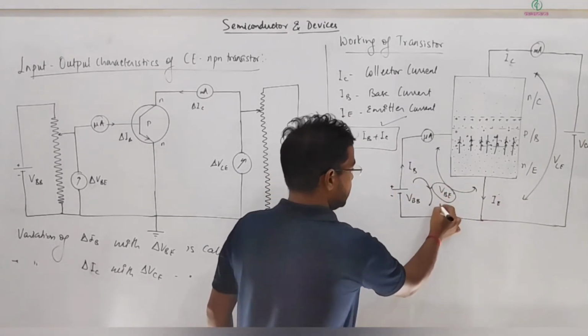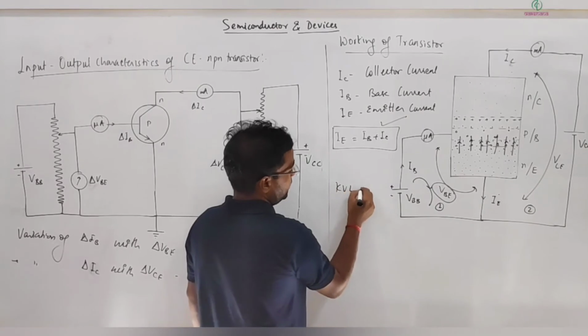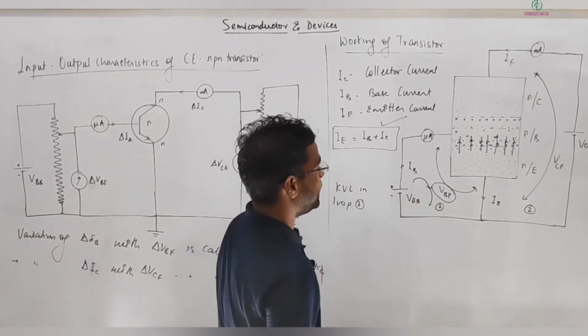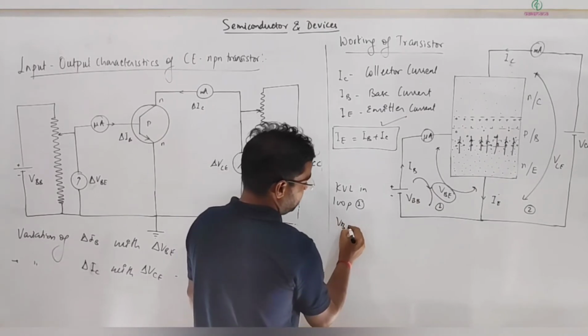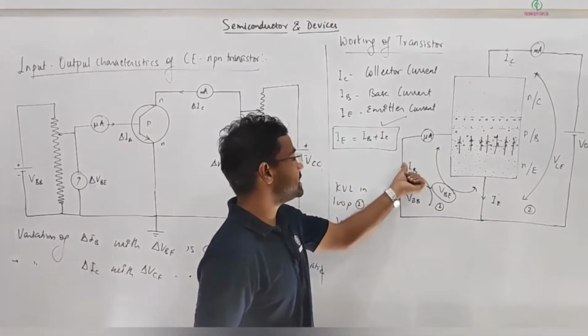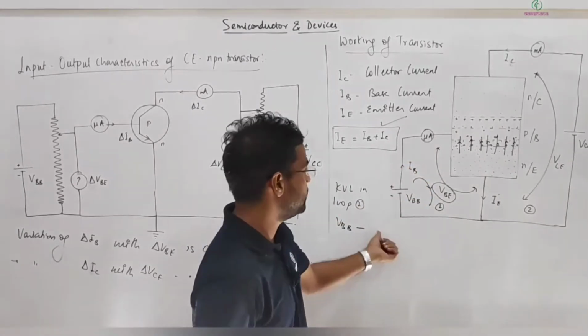So, say this is loop 1 and this is loop 2. KVL in loop 1: from here I get VBB plus, and if some resistance is connected, we write minus IB into RB.